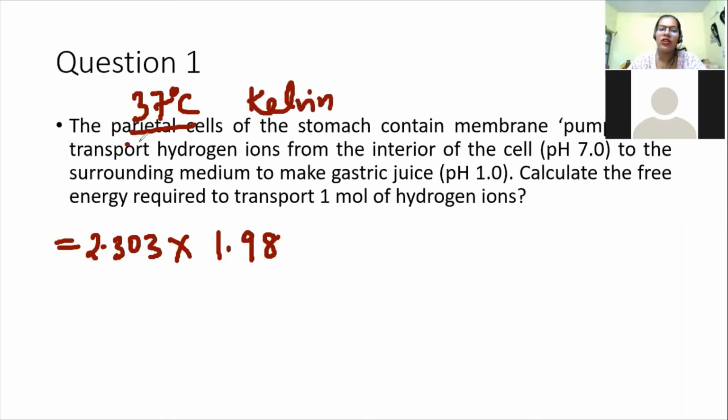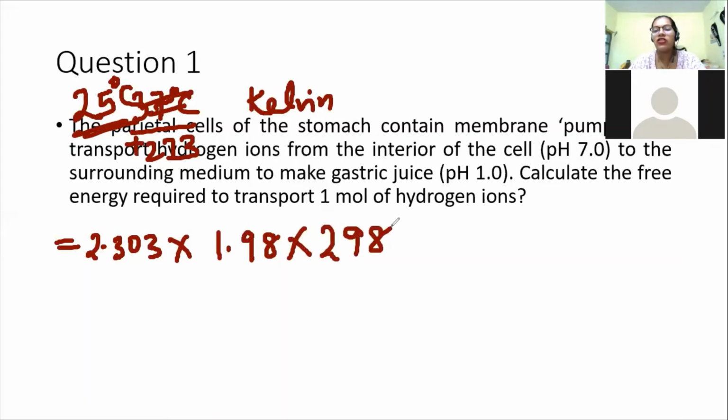So just add 273 and you are going to get how much? No, it is not 37 degrees. We take 25 degrees. So what you get is actually 298 when it is not mentioned.